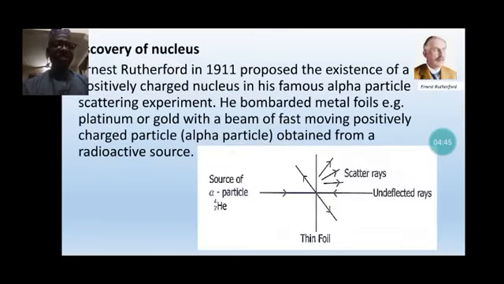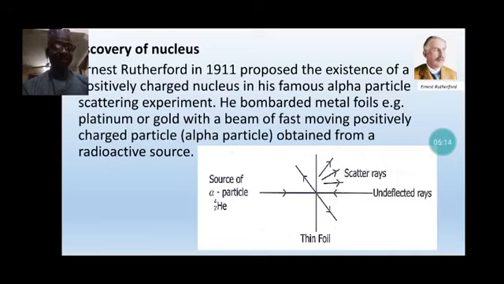And the discovery of the nucleus itself. This was achieved by Sir Ernest Rutherford in 1911. He proposed the existence of a positively charged nucleus. In his famous alpha particle scattering experiment, he bombarded a metal foil, platinum or gold, with a beam of fast-moving positively charged particles, that's the alpha particles, obtained from a radioactive source.